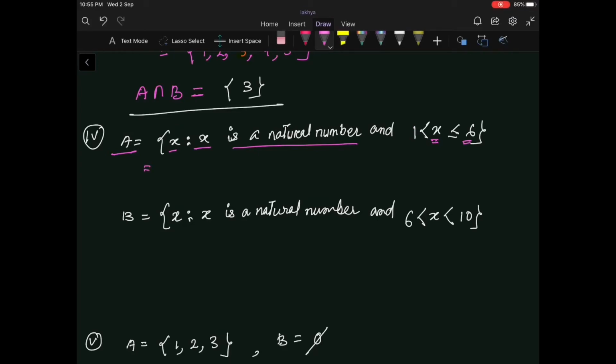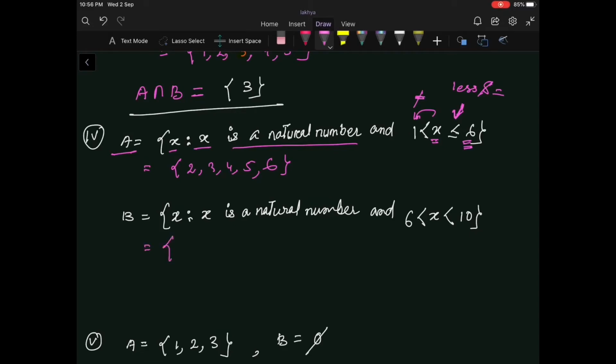As it is greater than 1, it is not equal to 1, so it starts from 2: 2, 3, 4, 5, and 6 is also included, as it is less than or equal to 6.